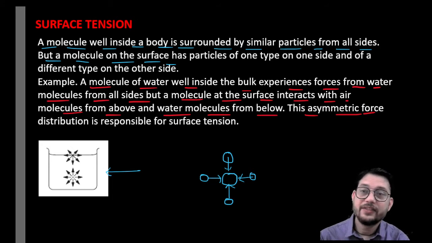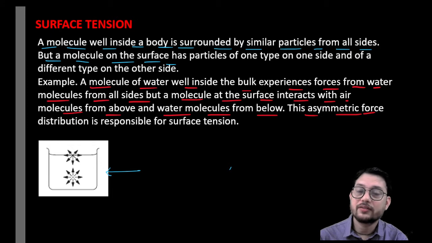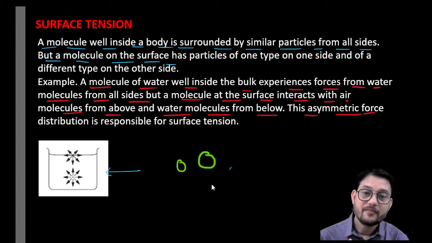But if we take a molecule which is on the surface, it is surrounded on the below side by the same type of molecules, but on the above side we have molecules of air.